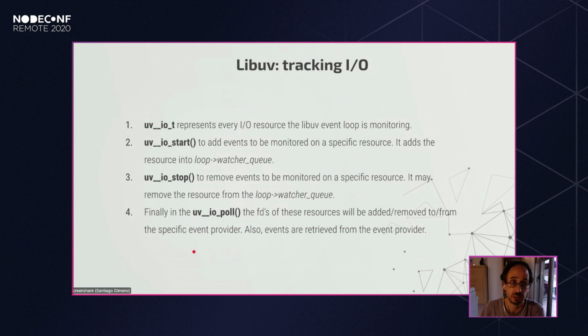We'll call elements of this type watchers from now on. Then we have the uv__io_start and stop methods, which add or remove the monitored events on a specific resource. And finally, in the uv__io_poll method, the resources are added to the specific event provider for tracking, and also events are retrieved in case already triggered.